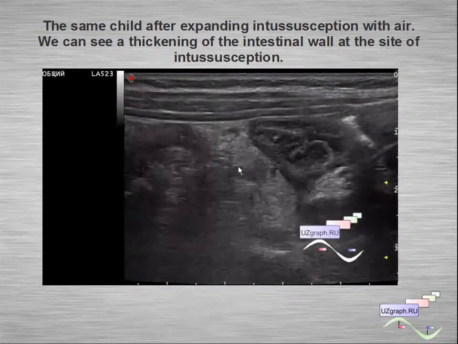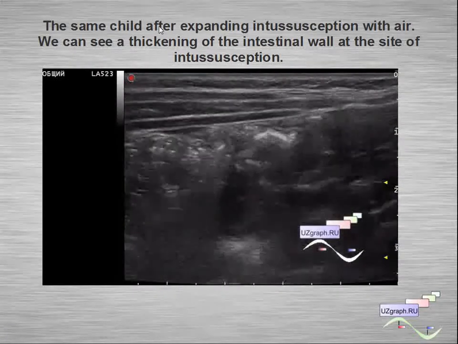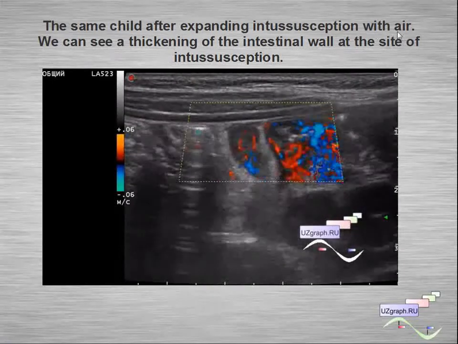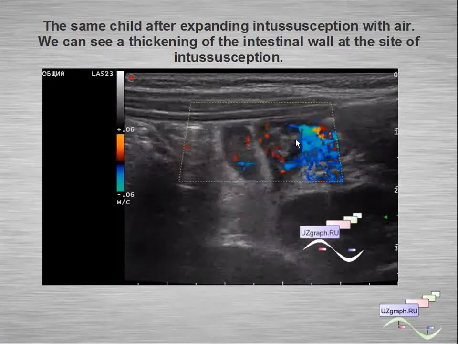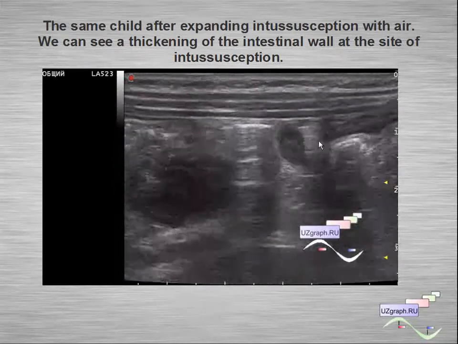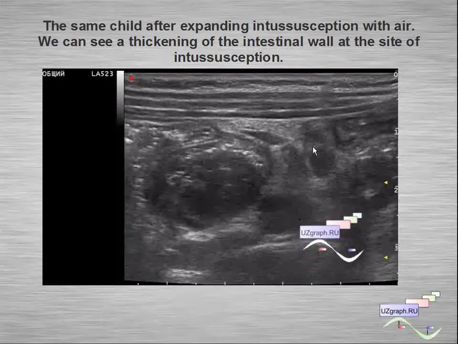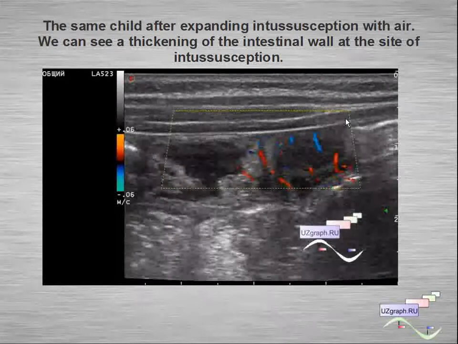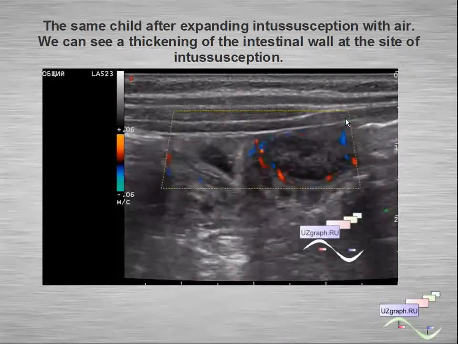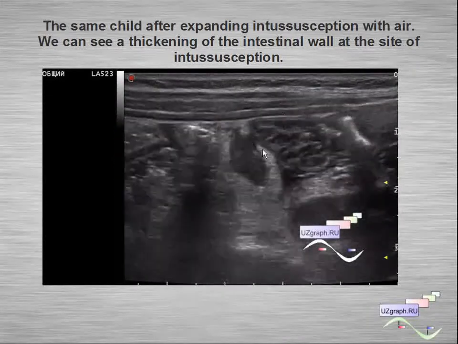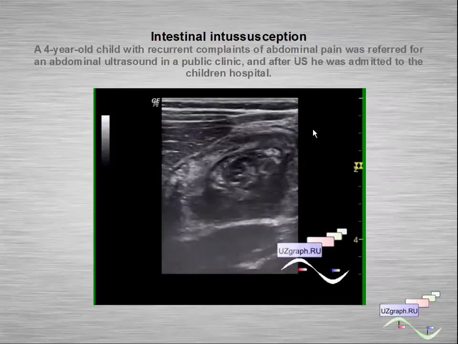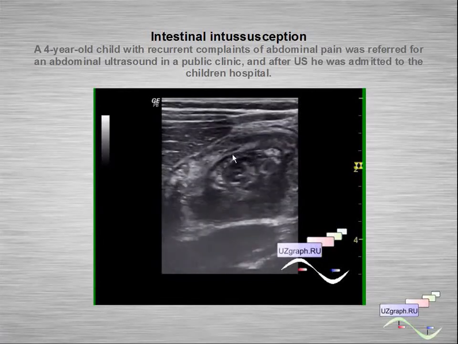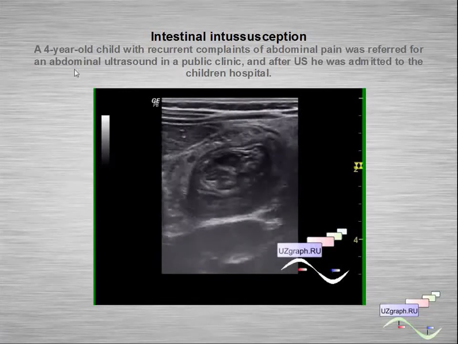The same child after expanding the intussusception with air, and we can see intestinal loops with thickened wall. It's the condition after intussusception. Another intussusception, classical target sign, lymph nodes inside, in a 4-year-old child.